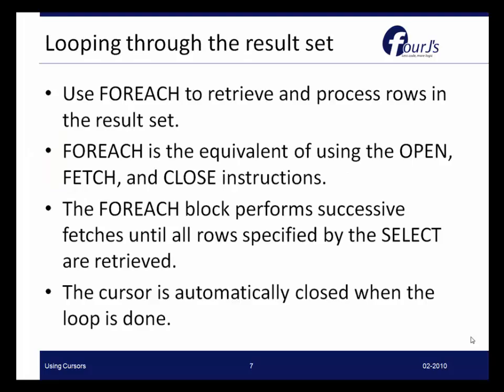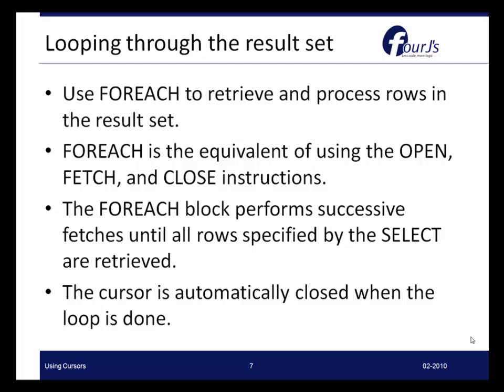Now the for each statement is a helpful statement because it's used to retrieve and process the rows from the result set. The for each block performs successive fetches until all the rows specified by the select are retrieved. Now, when using the for each statement, the cursor is automatically closed when the loop is done.